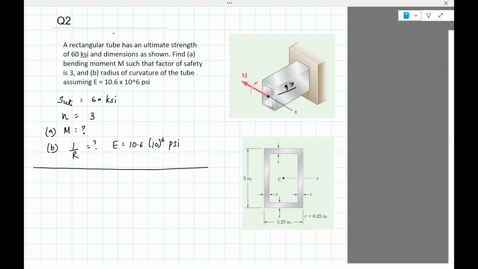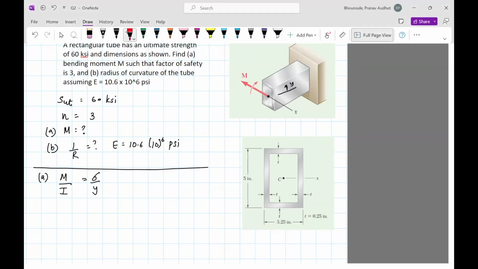Okay, so how do we go about doing this? Let's try to work in reverse. For A, what we need is M. And so the only formula we know at this point is M is related to sigma. M is sigma divided by y.